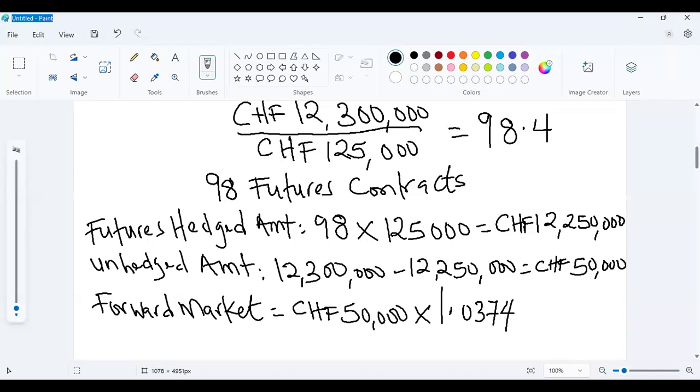If you convert this, what is the dollar equivalent, please? 51,870.